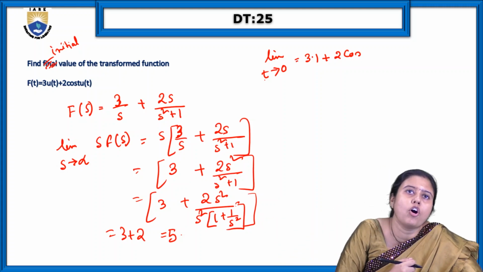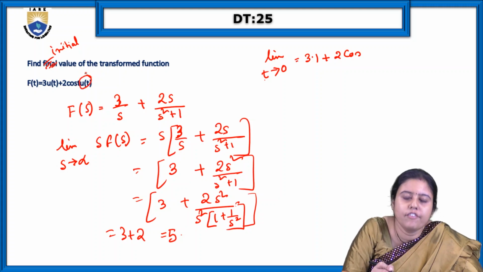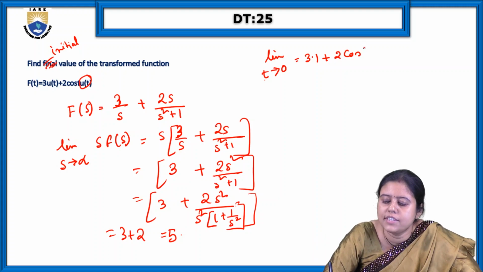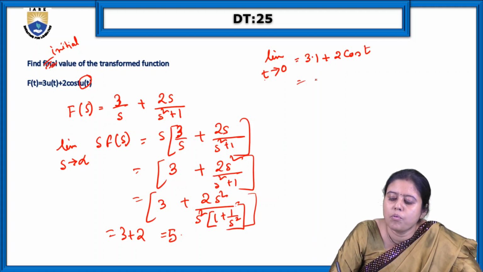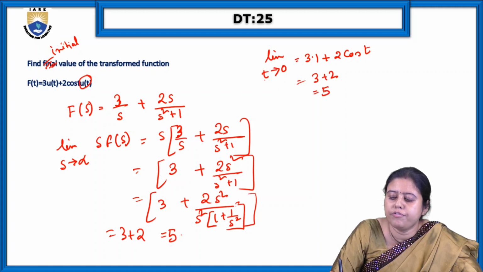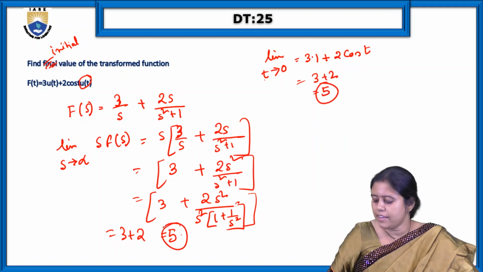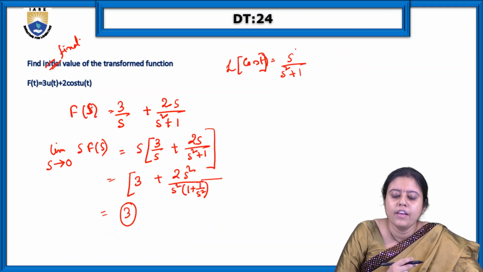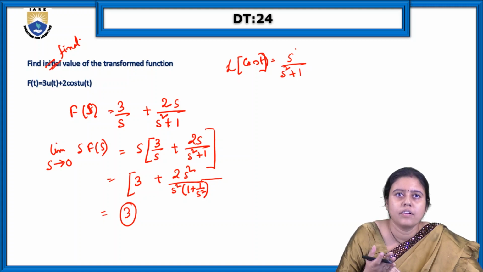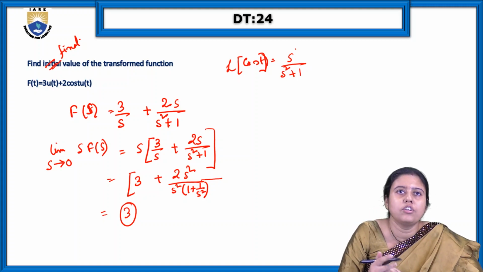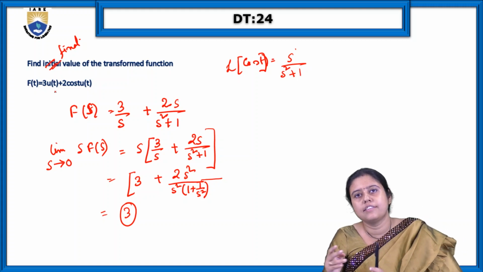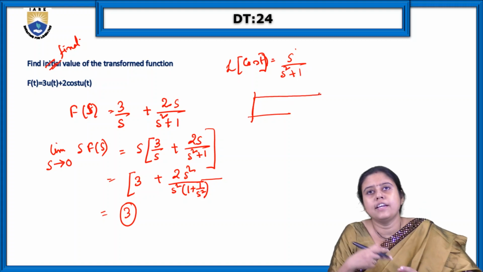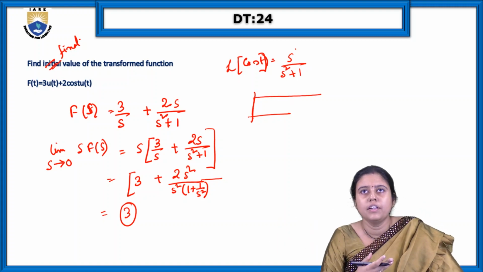Why is this ut given? It is given because the function has only a positive side. So cos 0 means 1, and 3 plus 2 is equal to 5. So LHS and RHS are equal. We can show the final value also the same way. Cos of infinity is equal to 0 and it comes to only 3, because the unit step means the value from t up to infinity will come as 3.